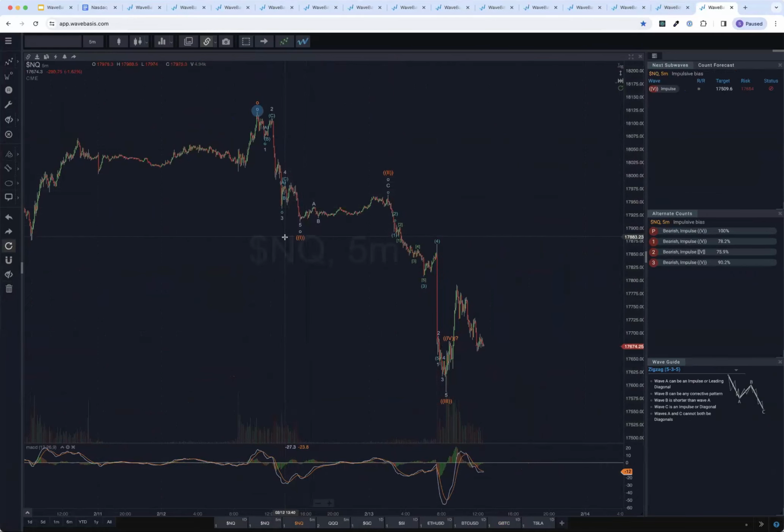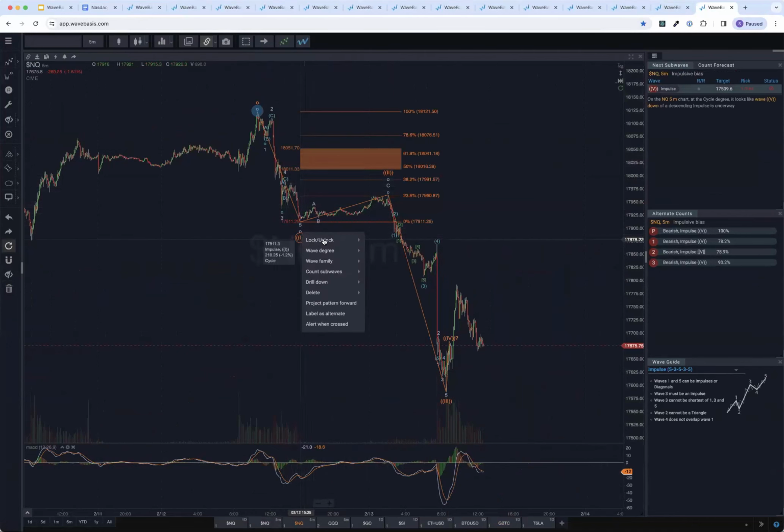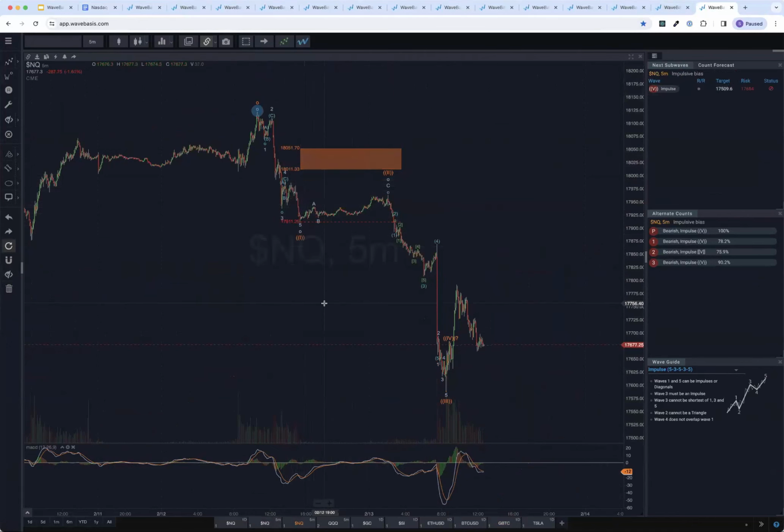This is around the close yesterday, where we were looking for 4 to finish, drop into 5 and bounce again. The problem here, unfortunately, is that you got a really shallow wave 2. We would have expected wave 2 to get up in here. So this happened after the close, after the regular session closed.